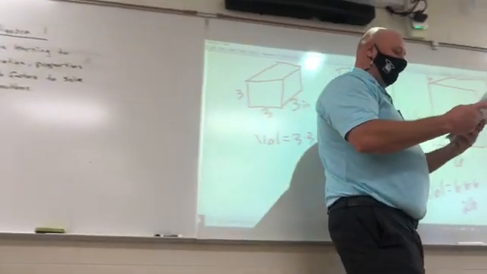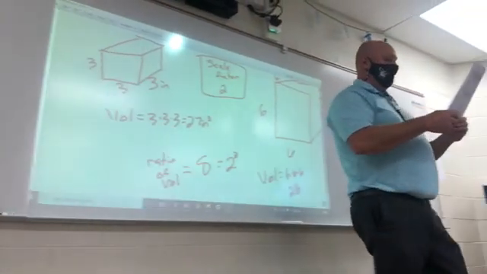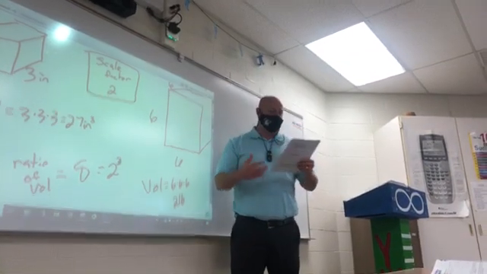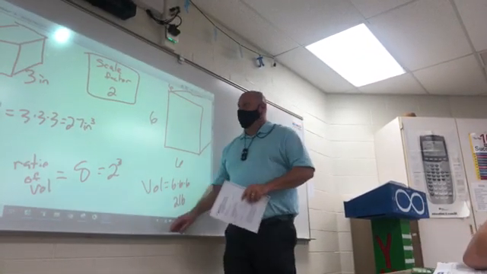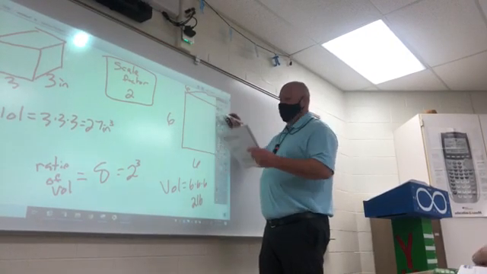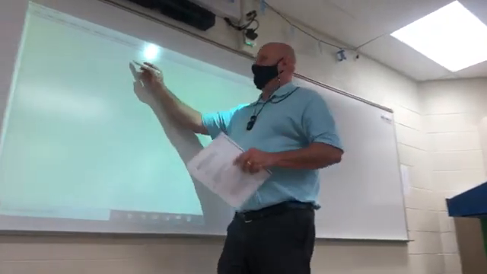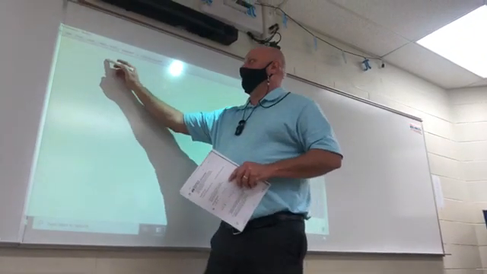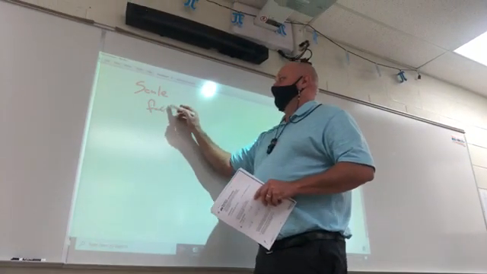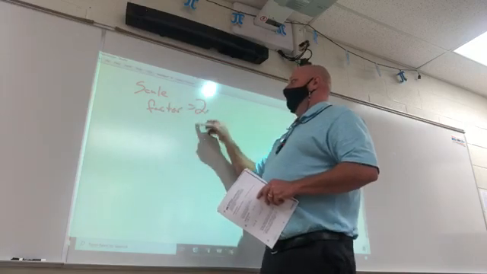I want you to look at number 7. Well, basically right at the bottom, 4, 5, 6, and 7, right? What it says first is every dimension is multiplied by what? What's the scale factor for this whole situation? It's 2, right?